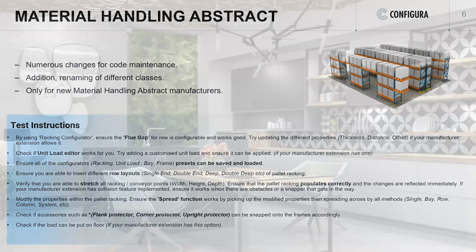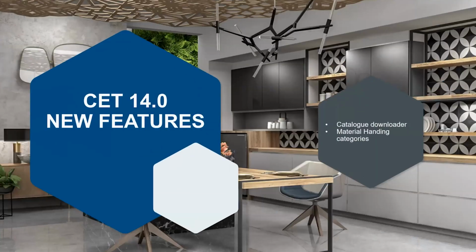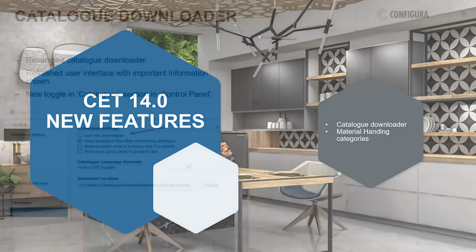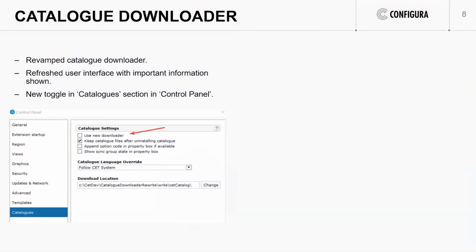So moving on, I'm going to be covering the new features in CT 14.0, and that would be the new catalog downloader and also material handling categories. Now, one of the new features in CT 14.0 is the catalog downloader.